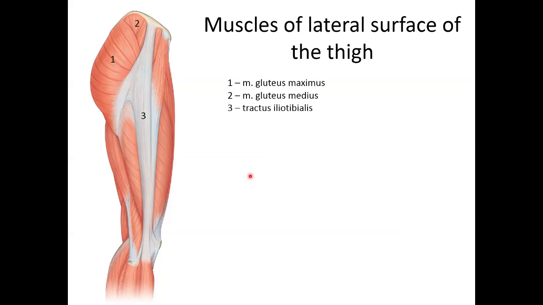And also we can say that tractus iliotibialis fulfills the function of a tendon for muscle number 4. What is it? It's musculus tensor fasciae latae.